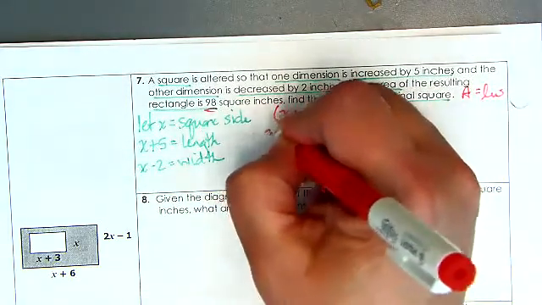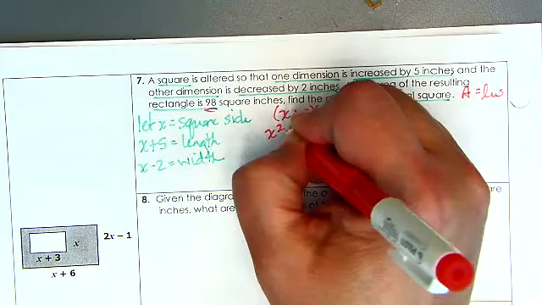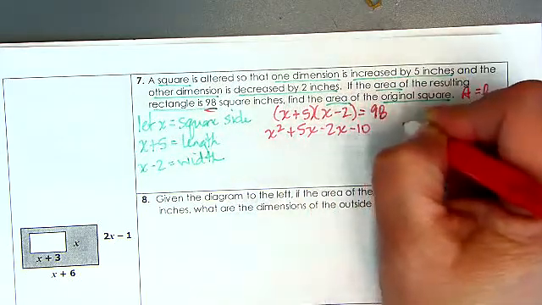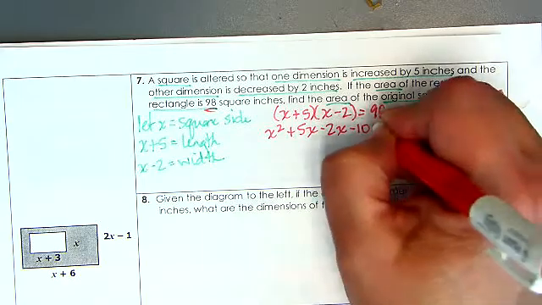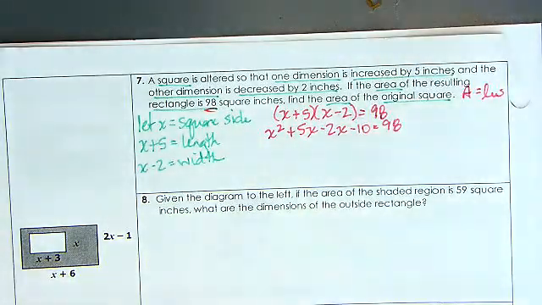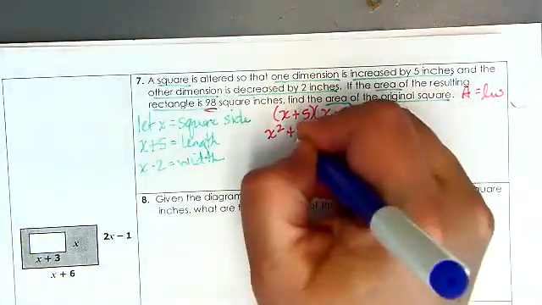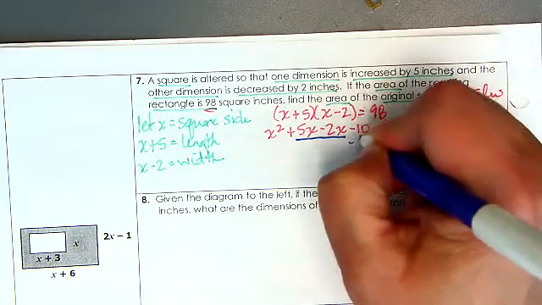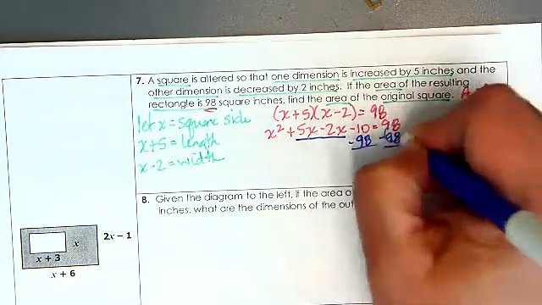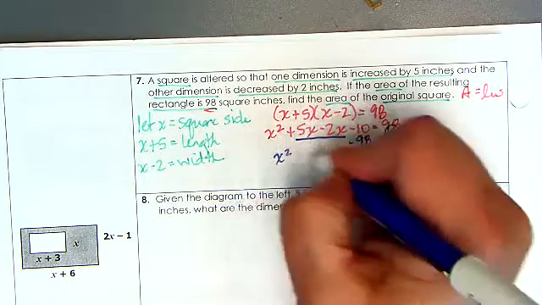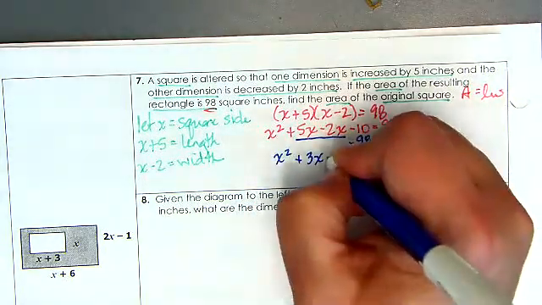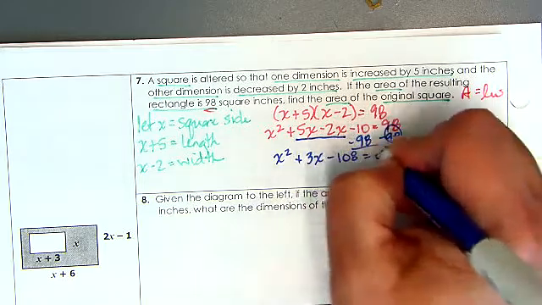So I'm going to have x squared plus 5x minus 2x minus 10 equals 98. Now, at the same time that I combine these like terms, I'm going to move the 98. So I'm going to subtract 98 from both sides, and I'm going to get x squared plus 3x minus 108 equals 0.